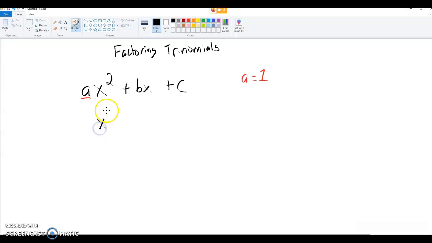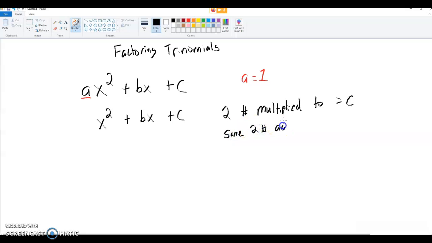Essentially we're factoring x squared plus bx plus c, and we want to find two numbers that multiply to equal c, and the same two numbers add up to equal our b constant.